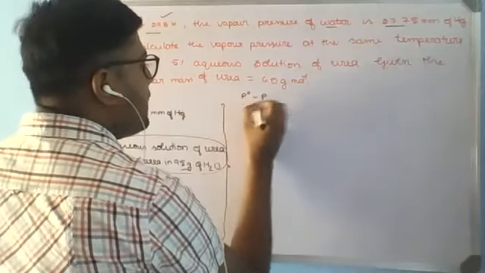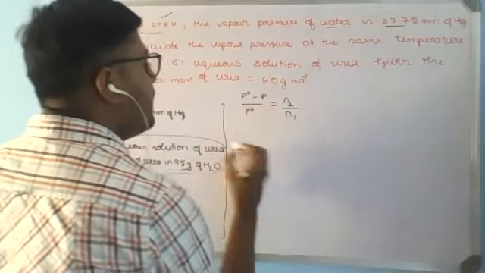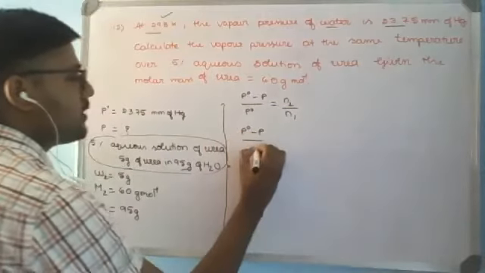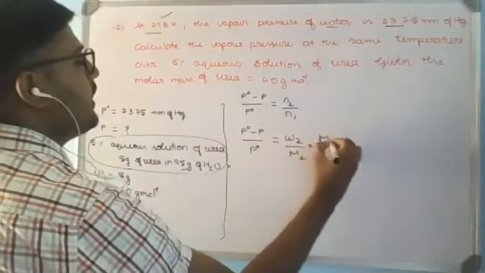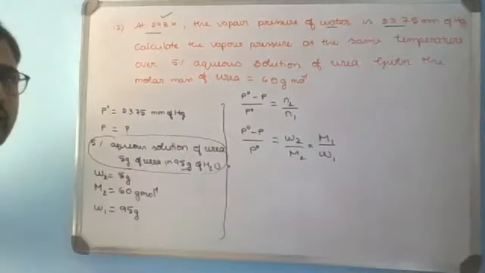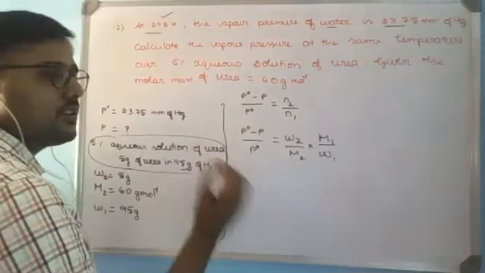P naught minus P by P naught is equal to N2 by N1. With the definition of N2 and N1, P naught minus P by P naught is equal to W2 M1 by M2 W1. Except P, we have all the remaining values. We'll go for substitution, so we'll not rearrange. We'll substitute, then we'll simplify.